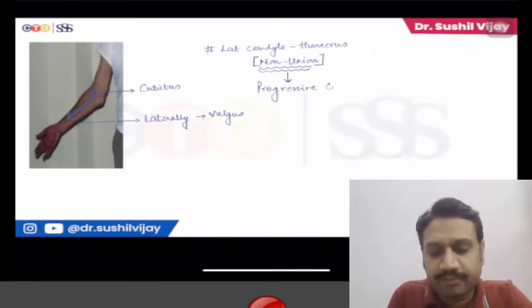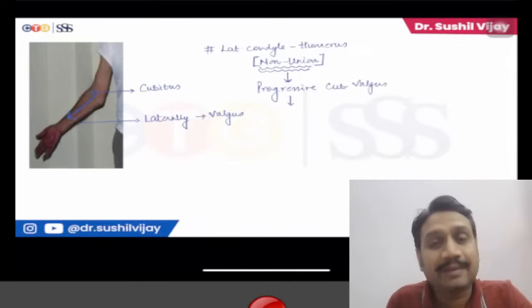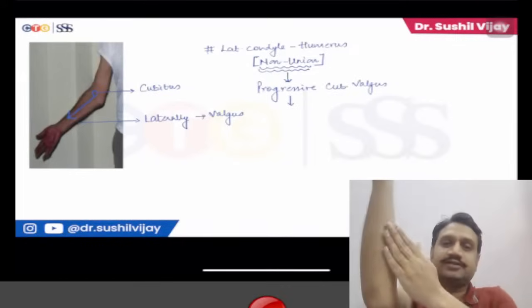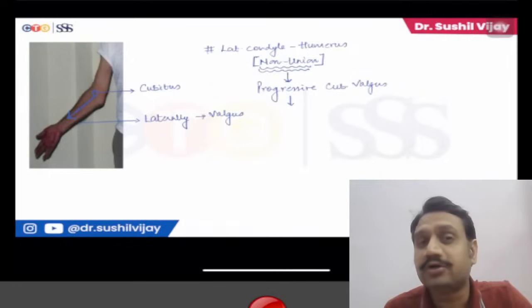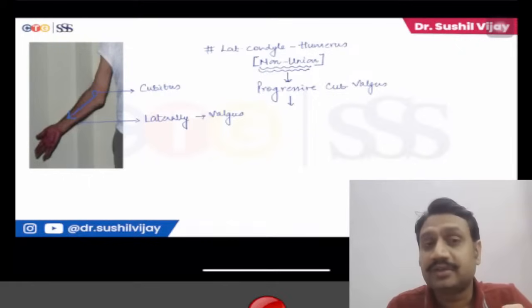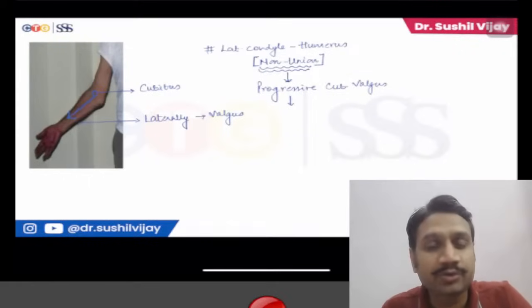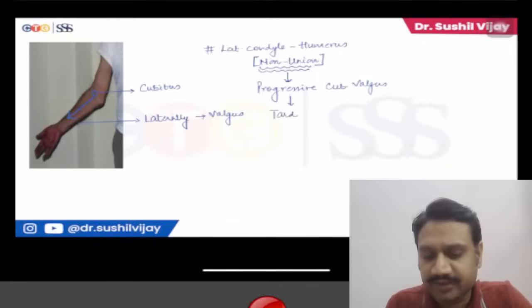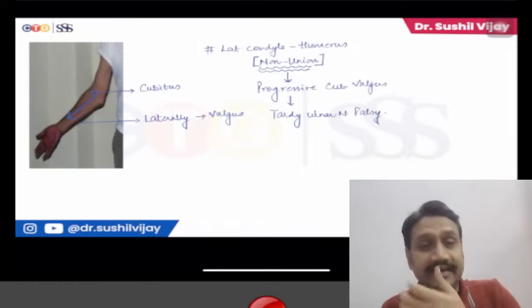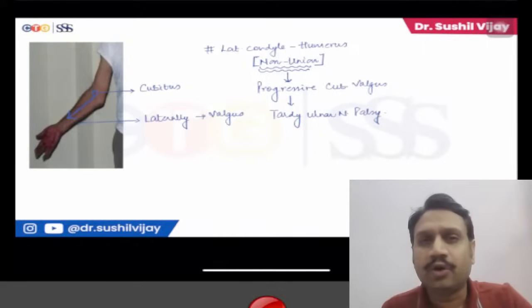With the progressive cubitus valgus, what happens on the medial side? The medial side soft tissue structures start getting stretched, and that leads to involvement of the ulnar nerve, right? That is not going to be an acute involvement of the ulnar nerve, that's going to be a late involvement. So that's why it is called the tardy ulnar nerve palsy, right? Now this is one of the most common places where you can go wrong in the exam.